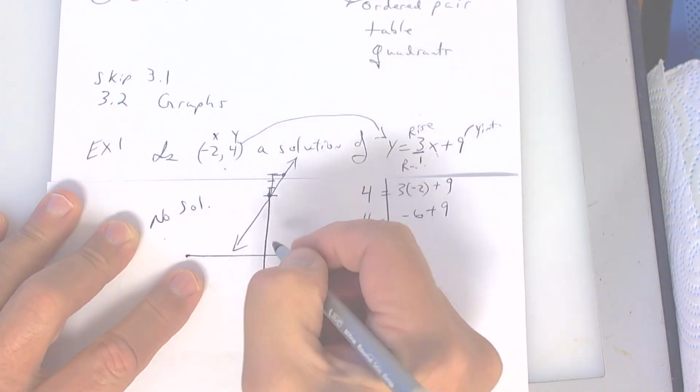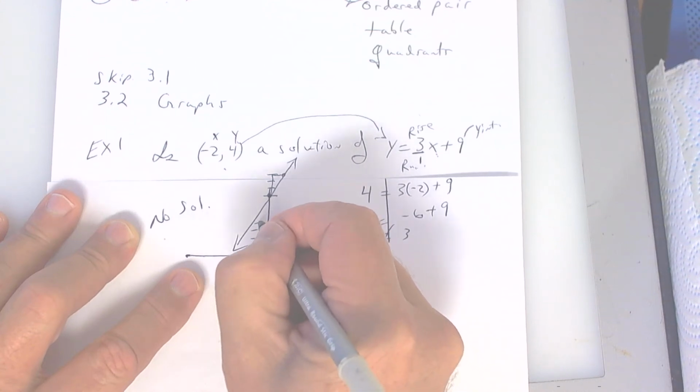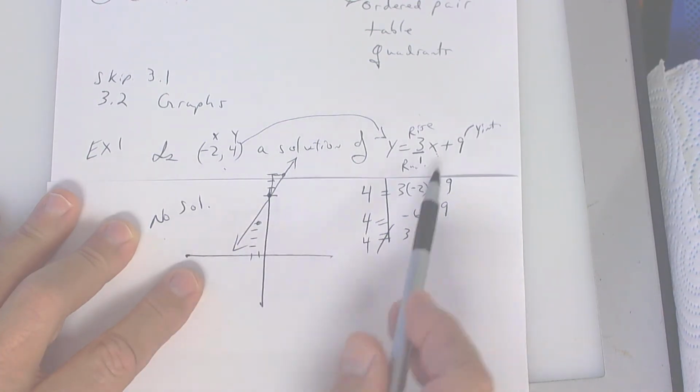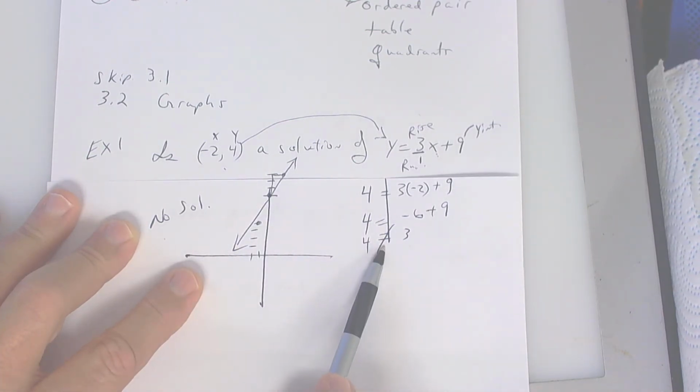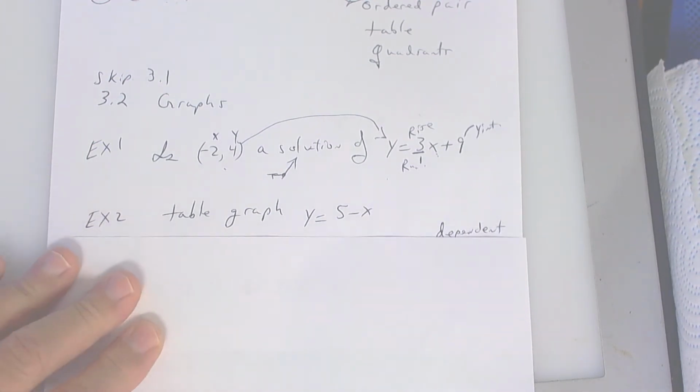Now this point is negative 2, up 4. 1, 2, 3, 4. It's close, but it's not on there. Okay, if I had graph paper, you would really see. But we know it's not a solution because we plugged it in and it didn't work. All right, let's move on. If it did work, then yes, it would be a solution. It would be on the line.